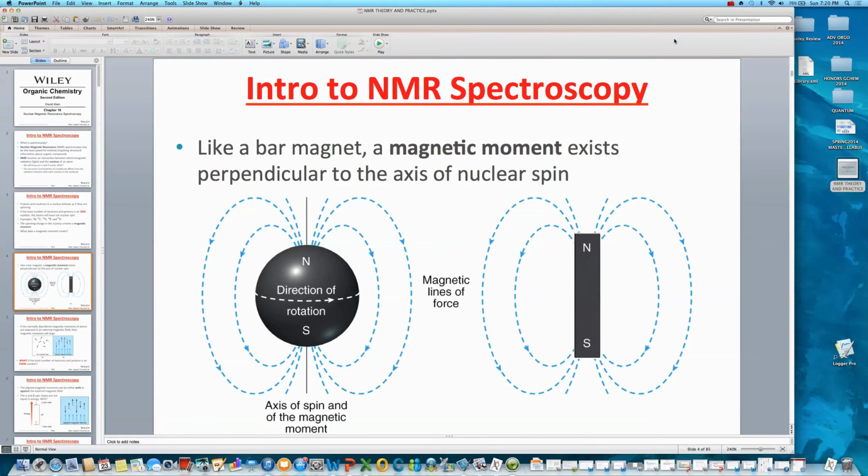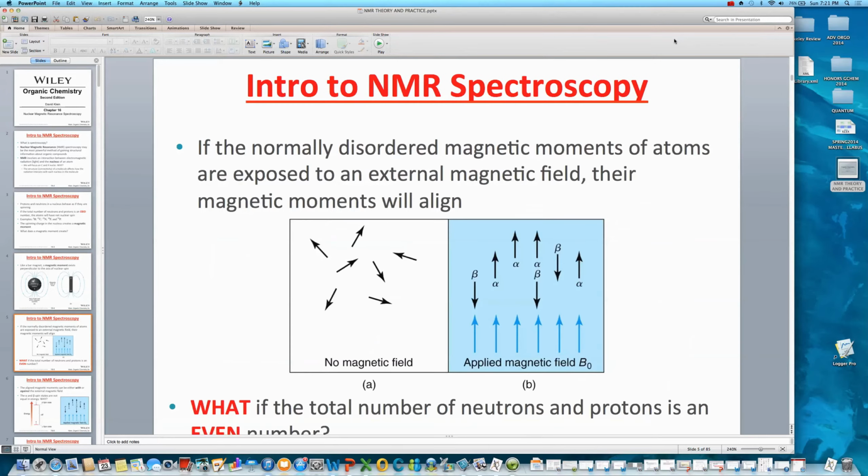And so you can consider the hydrogen atom to act as a tiny bar magnet. And this bar magnet will begin to align itself with the external magnetic field or against this external magnetic field. And so in the absence of this large magnetic field, these hydrogen atoms, these magnets, will just have a random type of alignment. They will not be aligned with or against the magnetic field because there is no standard field.